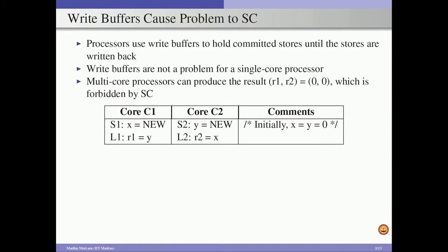Consider a 2-core system where in core 1 we execute a store instruction followed by a load instruction, and similarly in core 2 we also execute a store instruction followed by a load instruction.